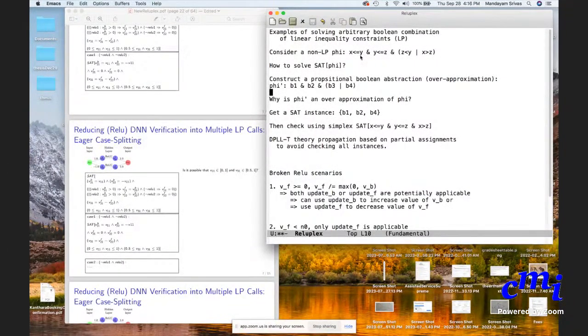I've just replaced each distinct inequality in phi with a propositional variable B. So B1 corresponds to x less than or equal to y, B2 corresponds to y less than or equal to z, B3 with the other one, and B4. Now, this is a pure propositional formula.